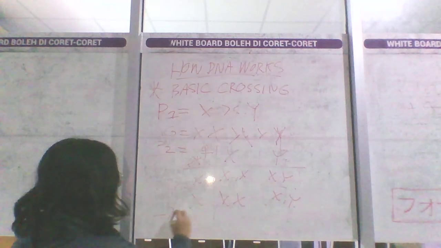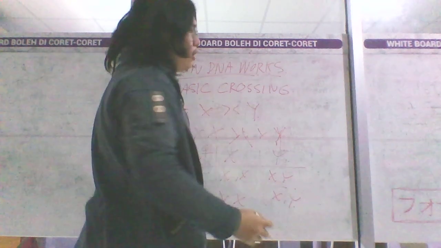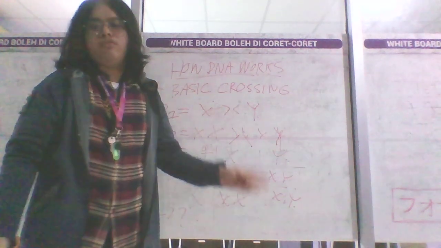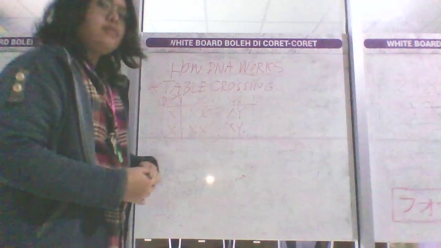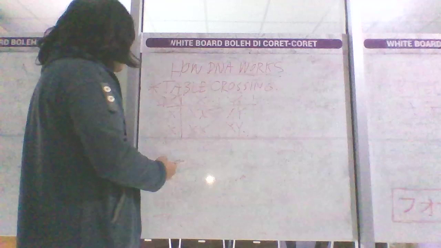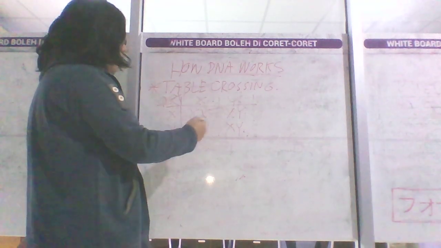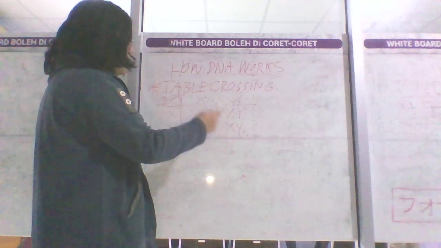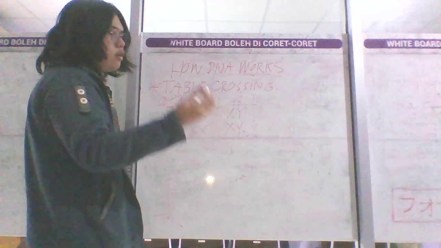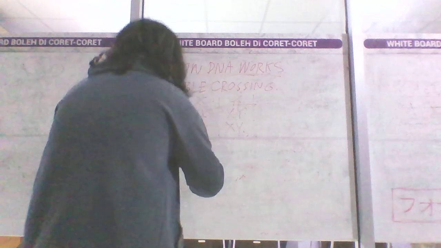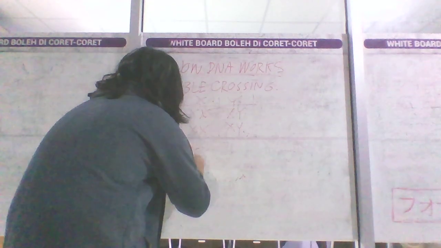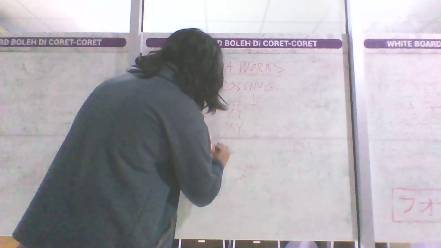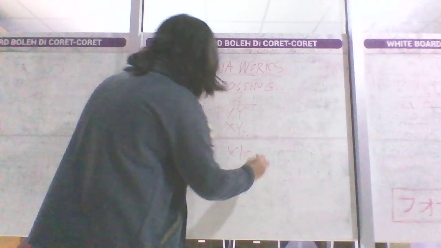So now, what is the conclusion of this whole table? From this we can see the conclusion is 4 parental 2. In XX, which is the male, and XY, which is the female.